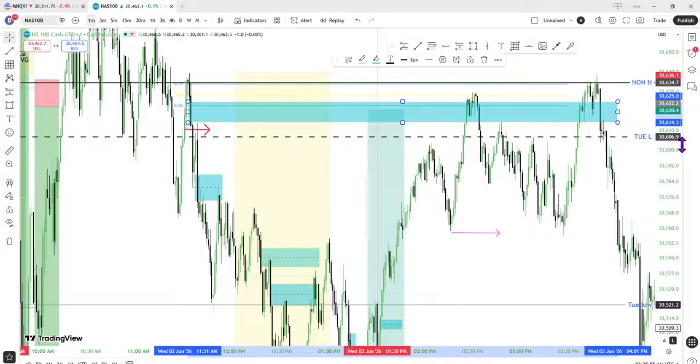I want to show you that all these movements, I was following all these movements. Let me bring that as a description. Trading description. Okay, it's not on this TradingView.